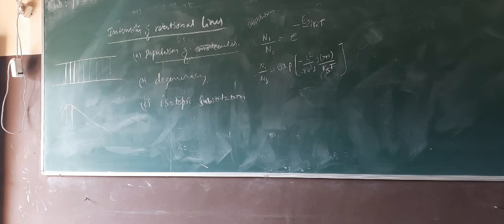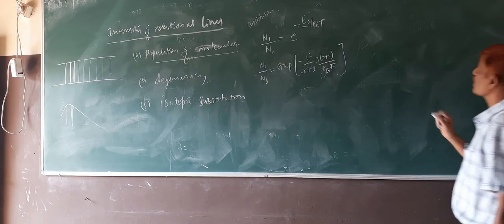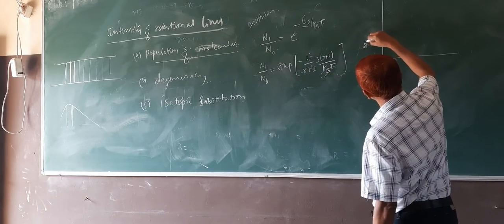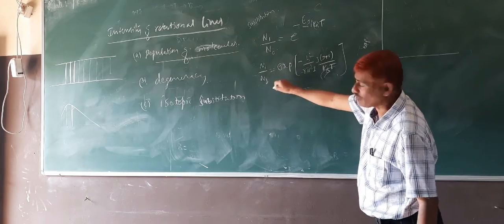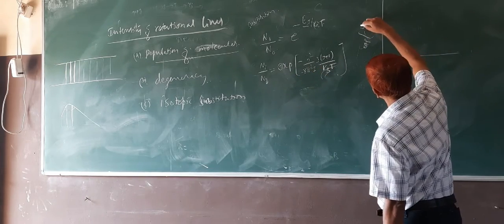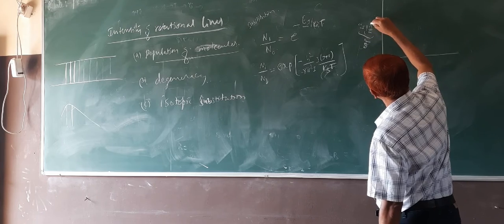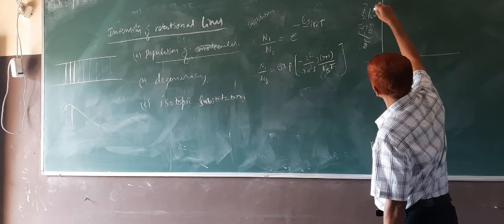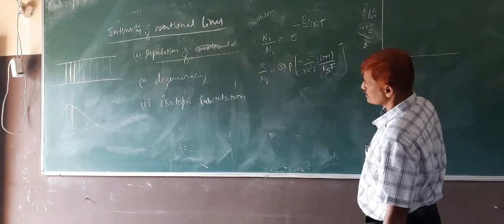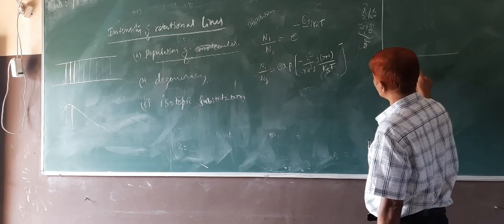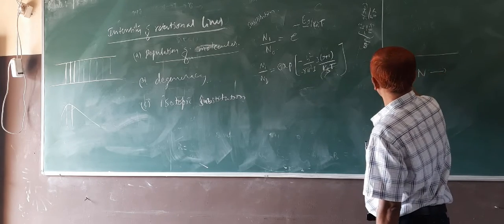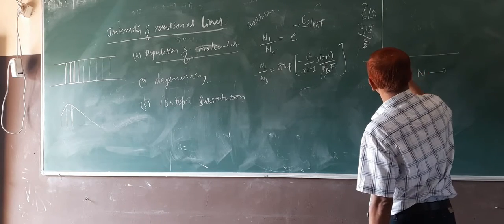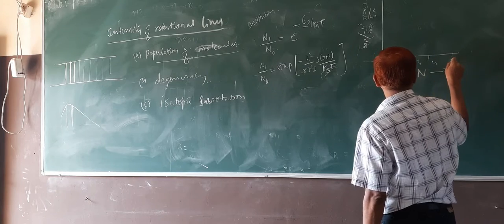If you plot a graph of this, it is like this. You plot this as an exponential. This is n1 by n0, equal to exponential minus h square by 8 pi square I, j into j plus 1, by kBT, versus the given number, with N1 highest. 1, 2, 3, 4, 5.